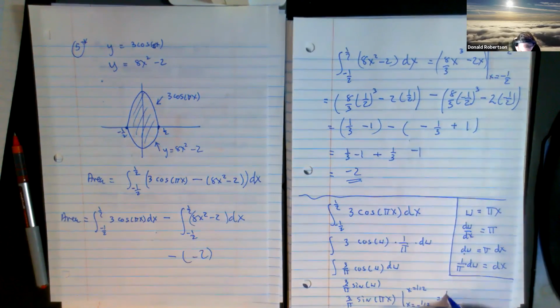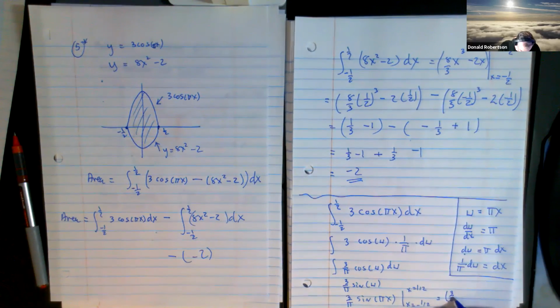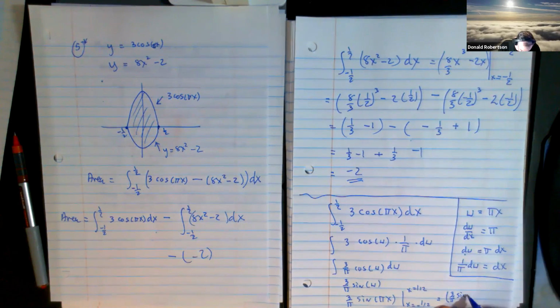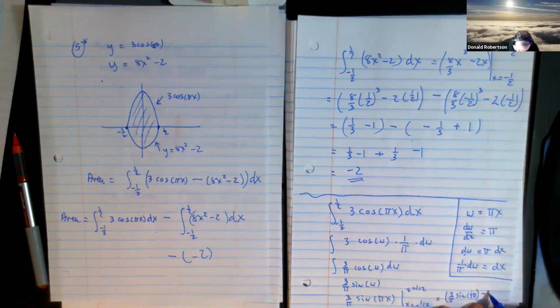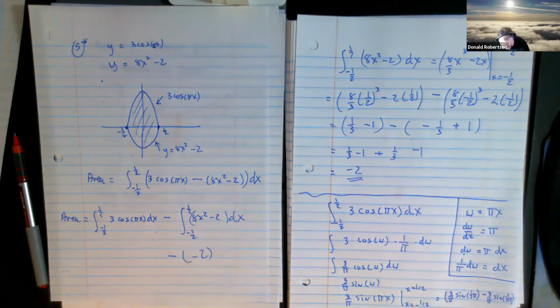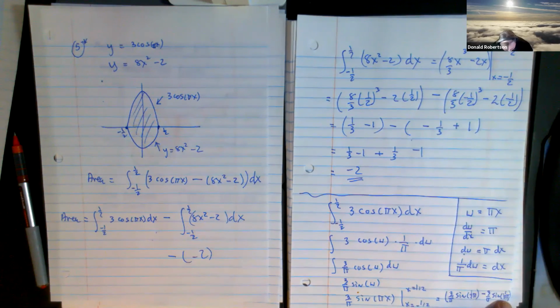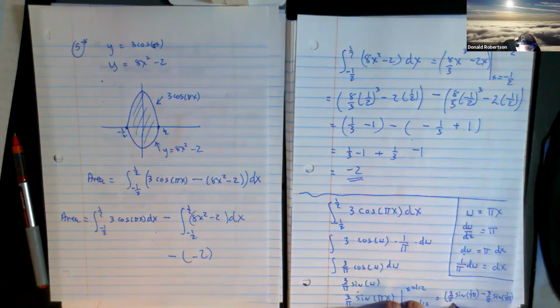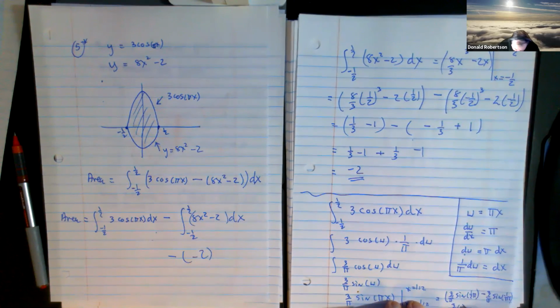So what's that going to get me? 3 upon pi, the sine of 1/2 pi. Take away 3 upon pi, the sine of -1/2 pi. The sine of 1/2 pi is 1, so that guy there gets me 3 over pi times 1.